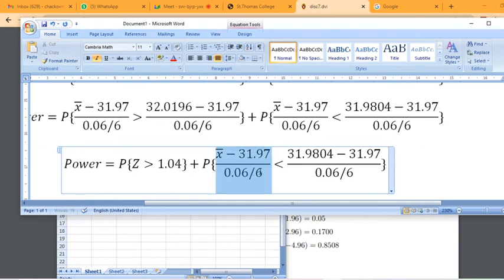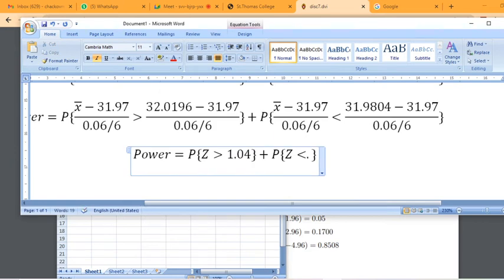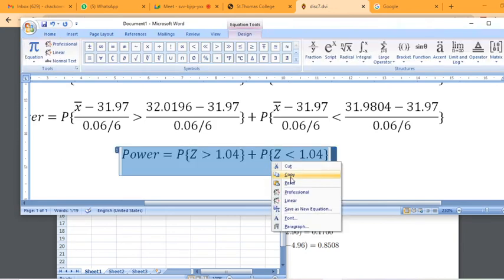This is Z, 1.04. Since it is symmetrical, we can consider only one term.